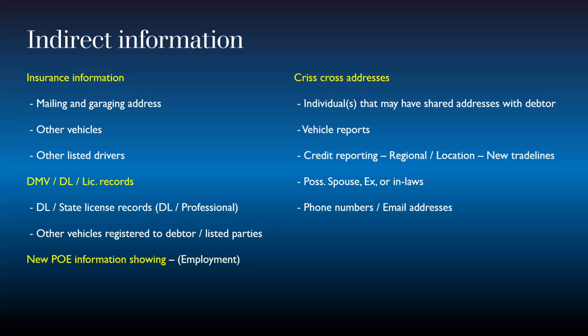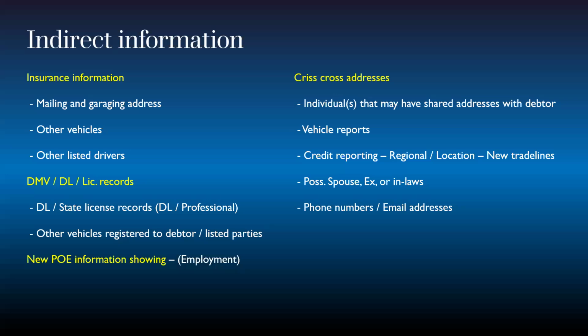Those switch and need to be updated often, including professional licenses. And again, look for other vehicles registered to the debtor and listed parties. They may register those because that's what they're currently driving, and your vehicle, they stopped driving and are waiting for somebody to pick it up at an address nobody knows about. So they tossed it aside and they're driving something else.